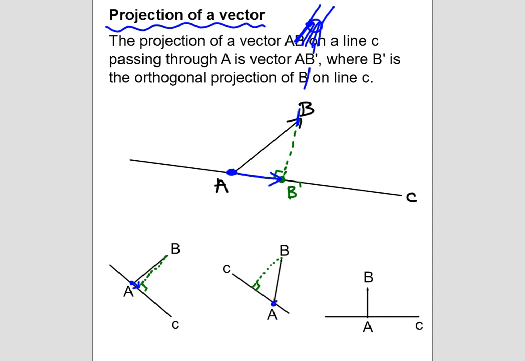And then I start from my A and I project this way. And the last one is special because if I project at 90 degree, I come down here, right? So the last one, the projection is, if you talk about AB prime, because your prime is exactly on that, this is the zero vector because the line is already perpendicular.